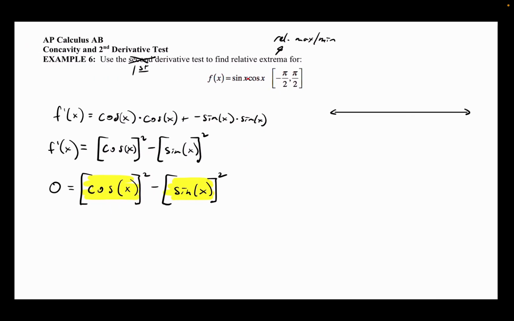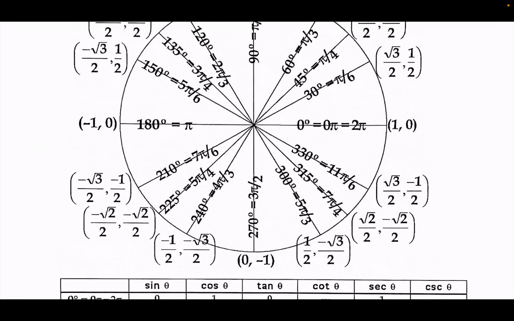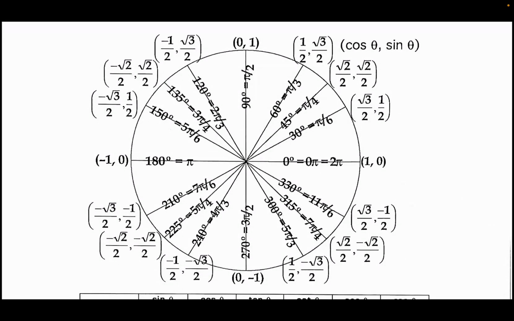But the interval only goes up to pi over 2. So I can use pi over 4. And 5 pi over 4 I'd have to change, because I can only use this side over here.